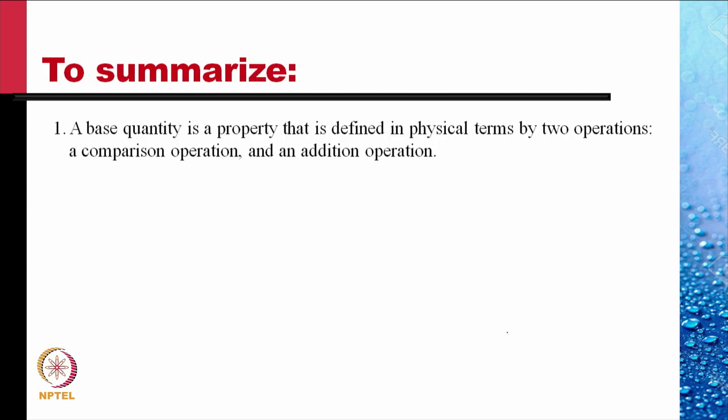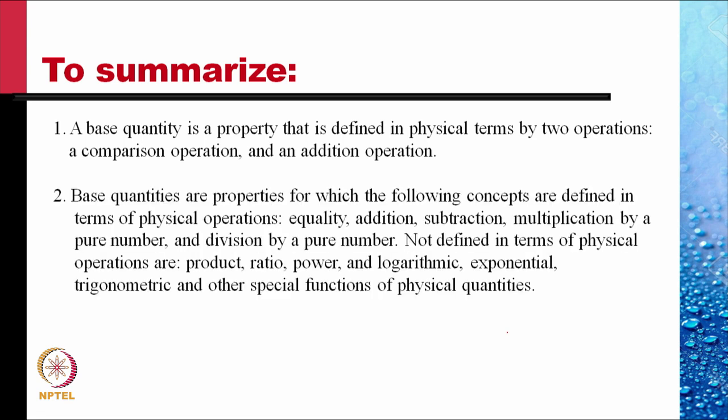Let's summarize what we have done today. A base quantity is a property that is defined in physical terms by two operations, a comparison operation and an addition operation. Base quantities are properties for which the following concepts are defined in terms of physical operations: equality, addition, subtraction, multiplication by a pure number and division by a pure number.